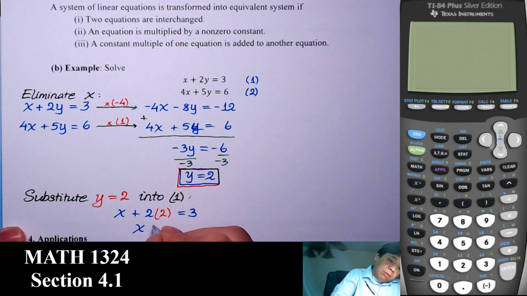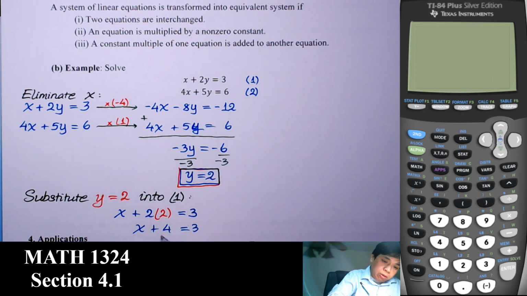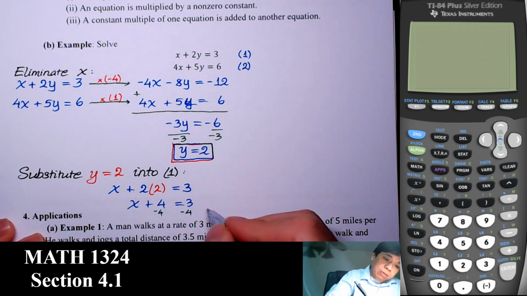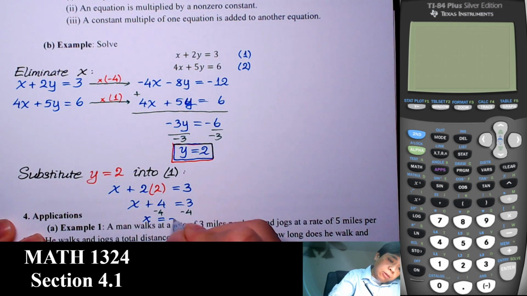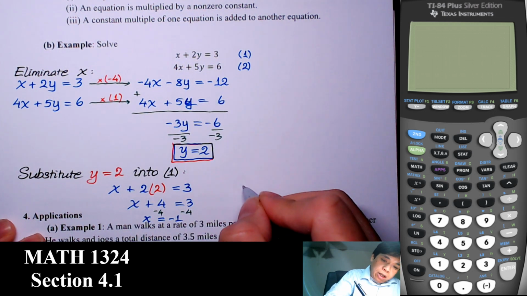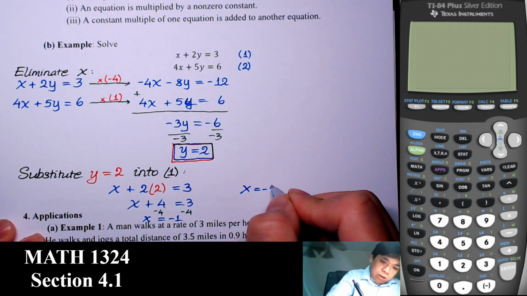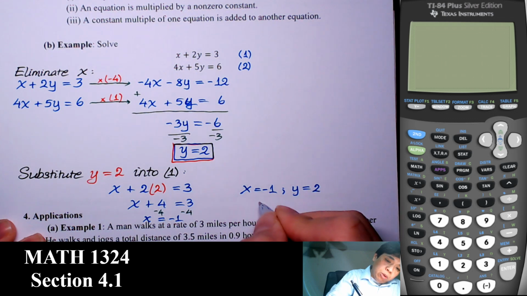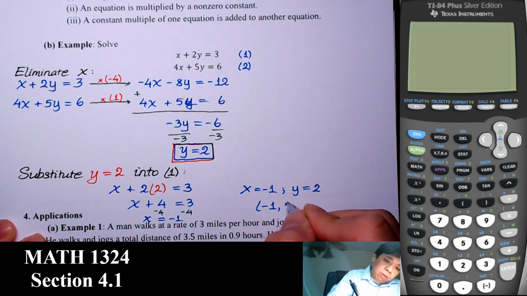So x plus 4 is equal to 3, x equal to 3 minus 4. So x equal to negative 1. So we have x equal to negative 1, y equal to 2. So the solution is negative 1 and 2.